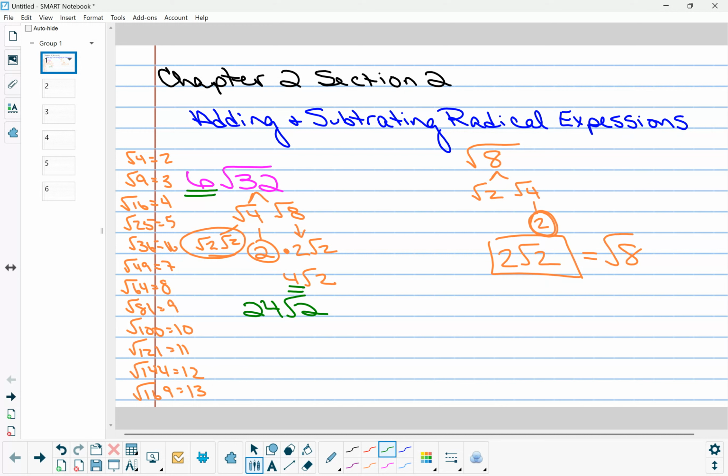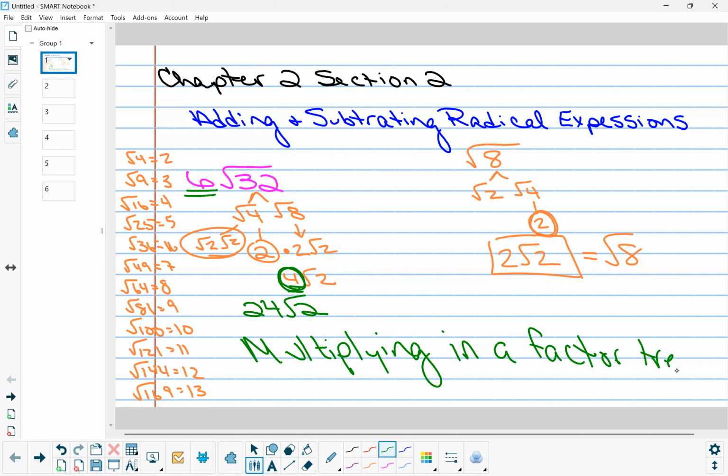It can't ever go underneath a radical. And when you simplify and bring a number out in front like this, it's going to now stay out front. And when you're doing a factor tree, you're always multiplying, so it would make sense that those things are going to get multiplied.